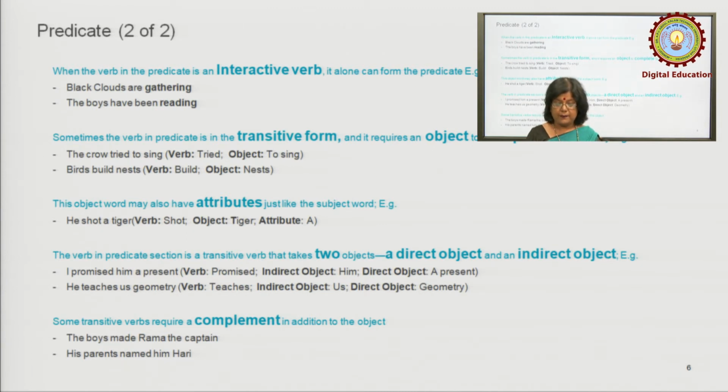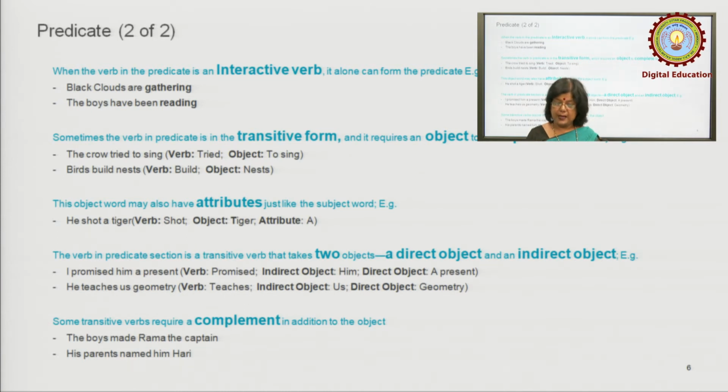The verb in the predicate section may be a transitive verb that takes two objects, a direct object and an indirect object. Examples: I promised him a present. Here just pay attention, promised is the verb, the main predicate part, indirect object will be him and direct object will be a present, because the work is directly being done through the present.